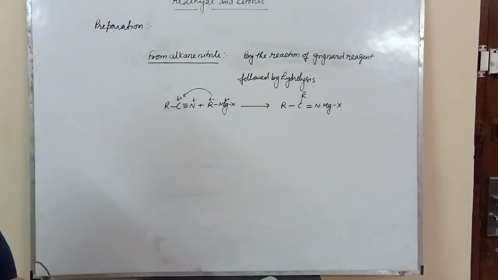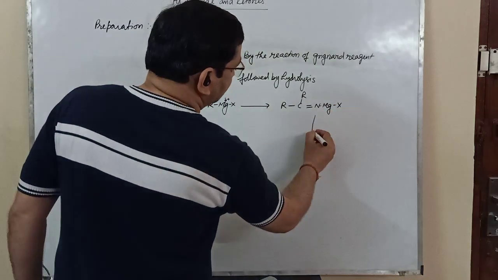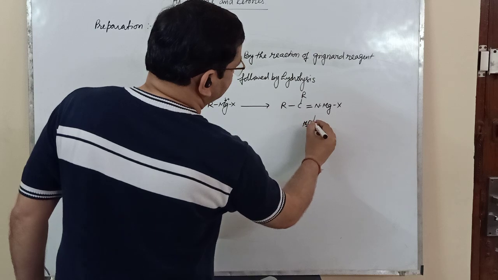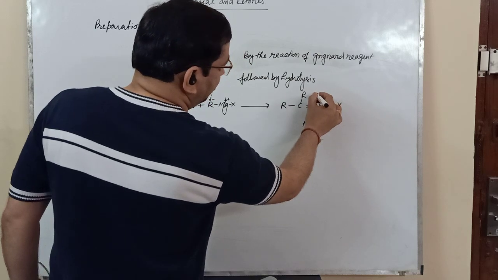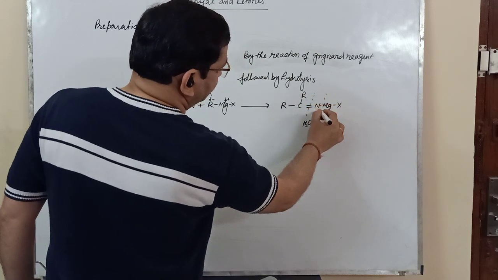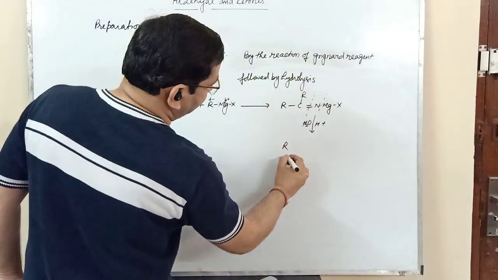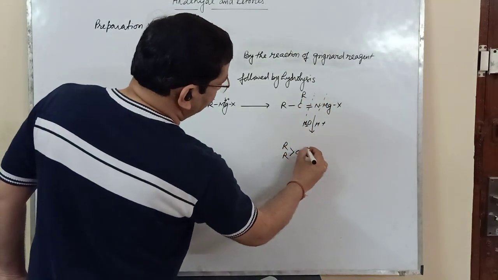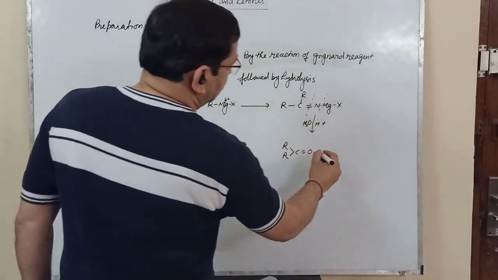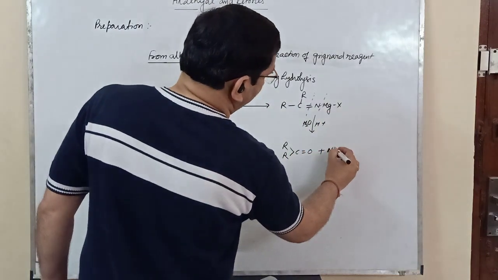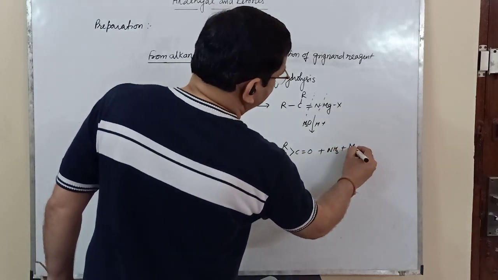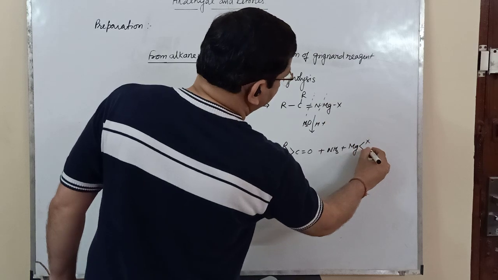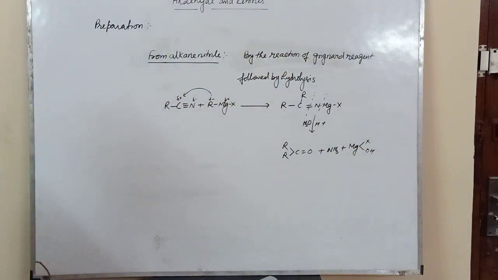This intermediate is formed. When we go for its hydrolysis, the breaking of the compound occurs in this way. The first part gives R-C=O, that is the ketone. Second, the nitrogen converts into NH3, and the MgX gives MgXOH.